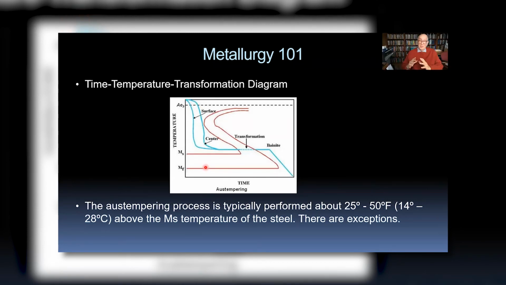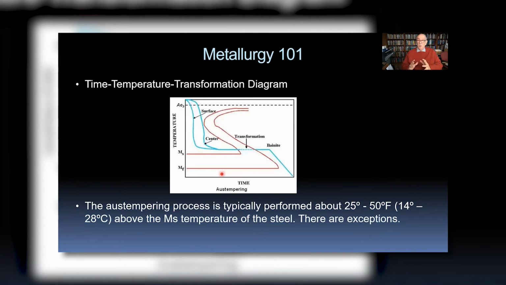Well, think of it this way, Doug. When we have a steel that isn't hardened, its microstructure is typically body-centered cubic, which means the atoms are all lined up in a certain structure.